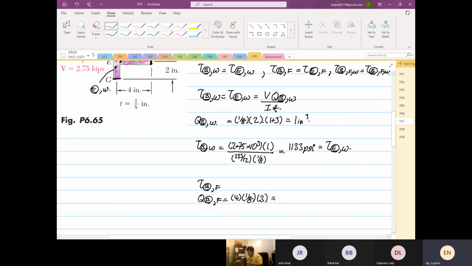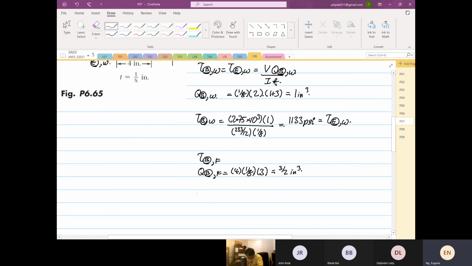So 4 times 3 times 1/8. So this is 1.5, so it's 3/2 inches cube. Then you do substitution again. So the shear stress at point B of the flange is equal to 2.75 times 10 to the power 3, divided by I, which is 233 over 12, divided by 1/8, multiplied by 3/2.